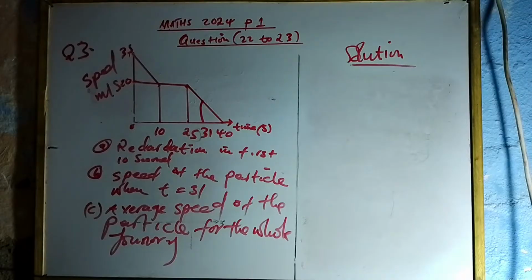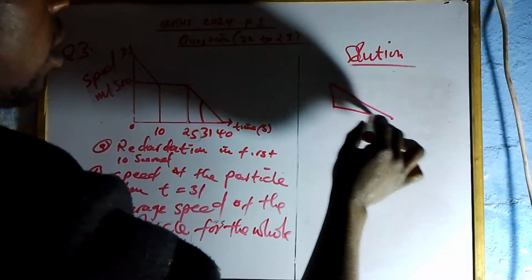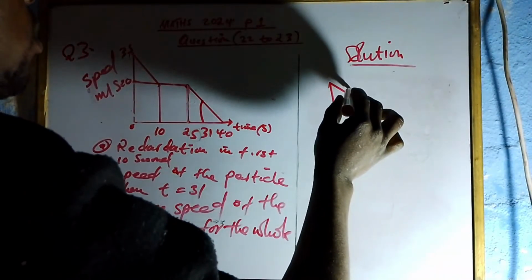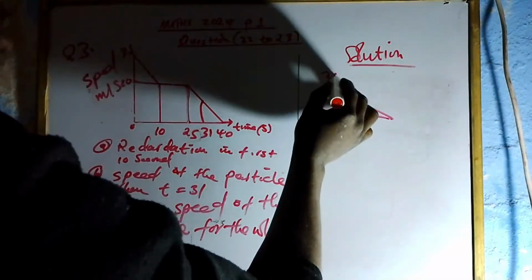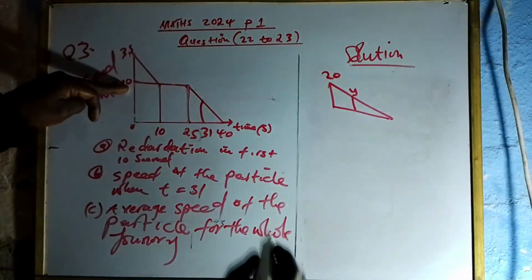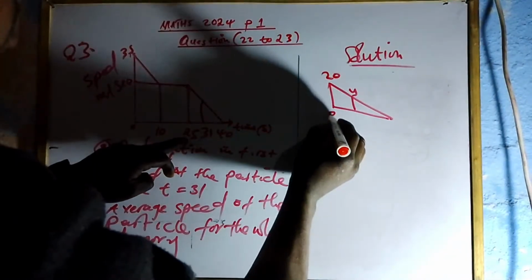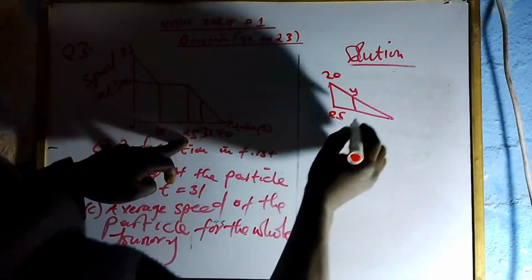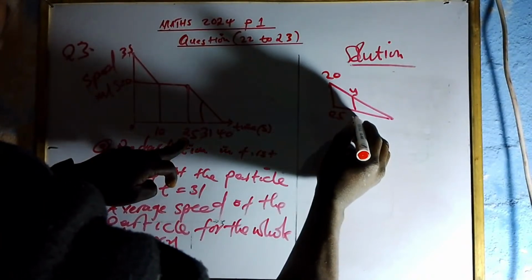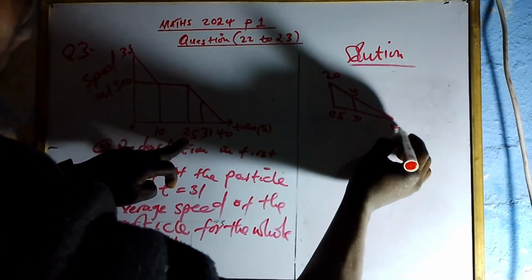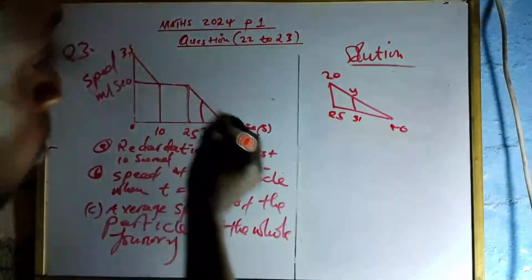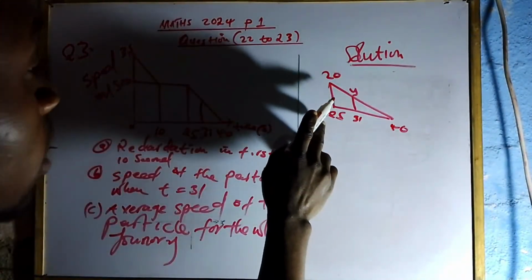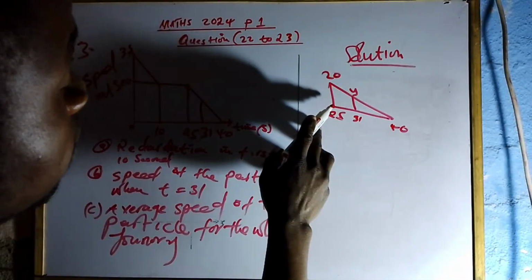And for solving this, you can use similarity, congruent and similar triangles. Here we have y, and here we have 20. This is 20, here height 20. Then down you have 25, then 31, then 40. When you use similarity, you're going to split this shape into two parts.